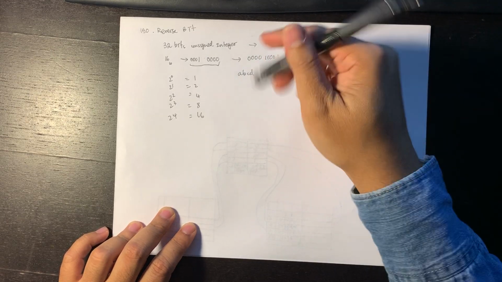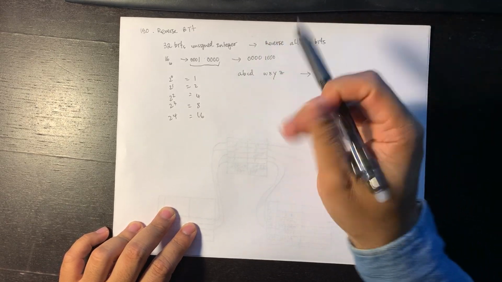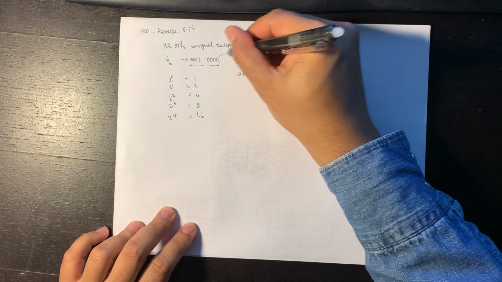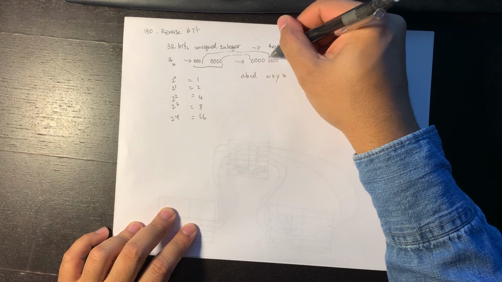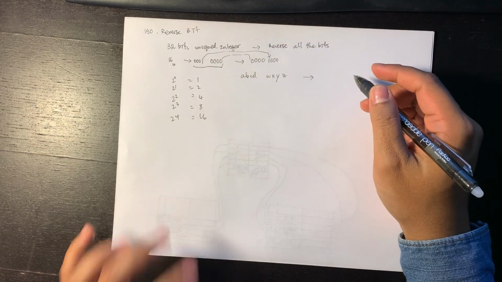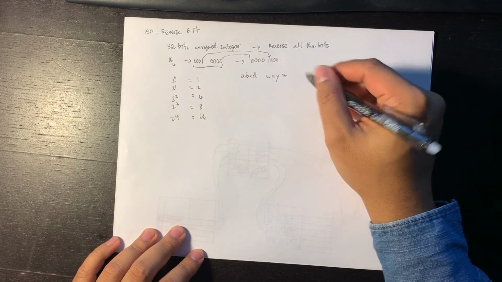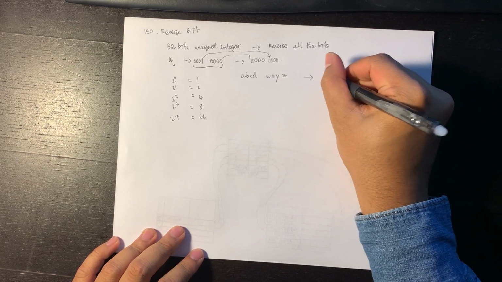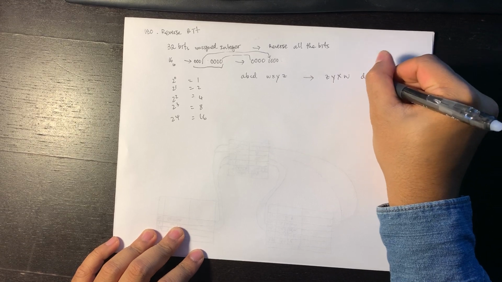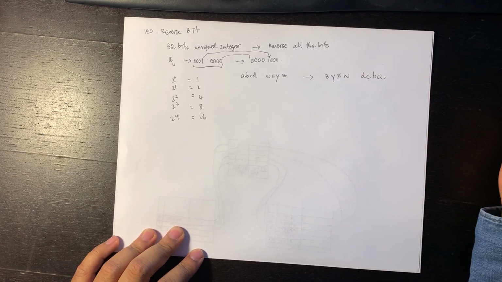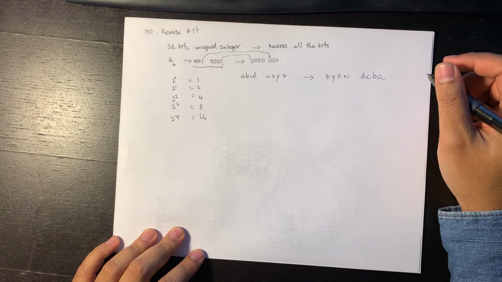I believe this is the correct output, because I want to reverse this to this. What does it look like? Z, Y, X, W, D, C, B, A, right?